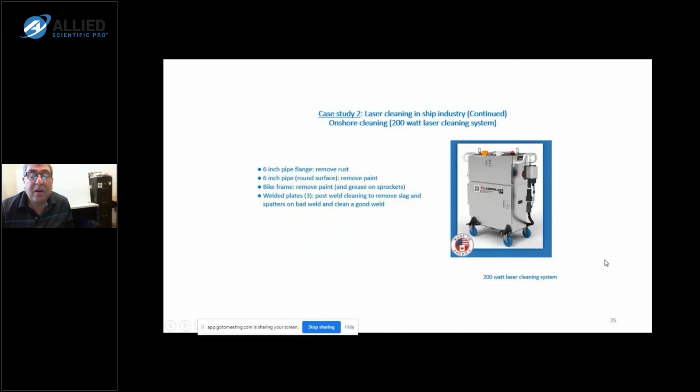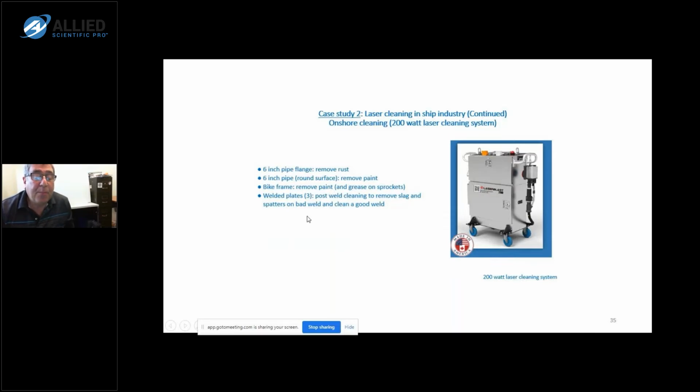This is the onshore cleaning that was done using a 200-watt laser in the green tent. What was cleaned: a 6-inch pipe flange, removal of rust, and also removal of paint from a similar pipe.